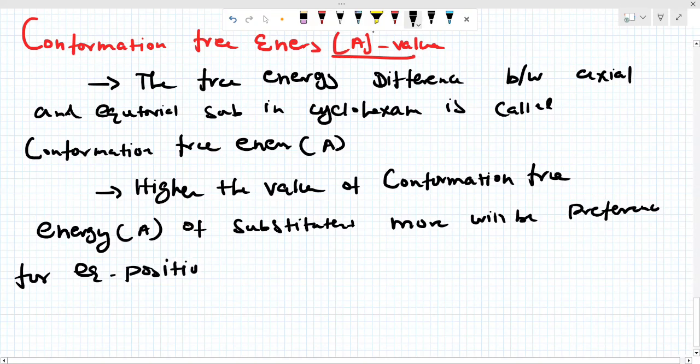Therefore, the higher the A value, that group is always going to occupy the equatorial position. Now see, I will give you some examples, very, very important.